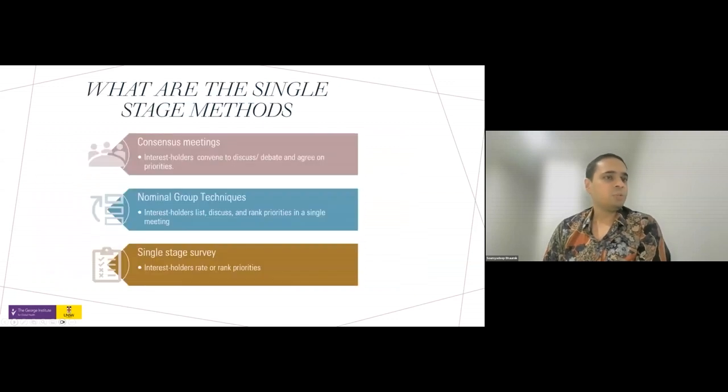So there are broadly three single stage methods: consensus meetings, nominal group techniques, and single stage survey. And all of them are essentially looking at getting it done very fast and efficiently. And quite a bit of it was covered by Seilin. But just adding, a single stage survey would be very simple. It would be just a survey asking people to rate or rank priorities in their order.